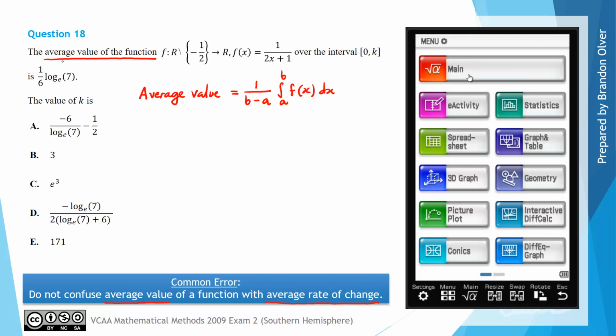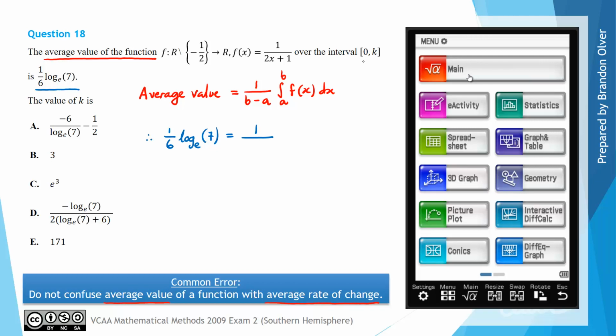So for this question, we've actually been given the average value of the function. That is that the average value over this particular interval is 1/6 times log e of 7. So we can write 1/6 times log e of 7 is equal to 1 divided by b subtract a, which is the width of the interval.